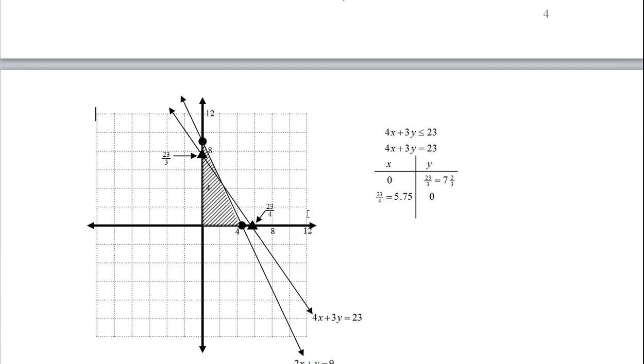So I use little triangles. Now if you'll notice also, I indicate where these intersections are, my x and y intercepts, especially if they're not nice values, because I might have to use them. So I just make a little arrow and go, this is 23/3, okay, and this one is 23/4.